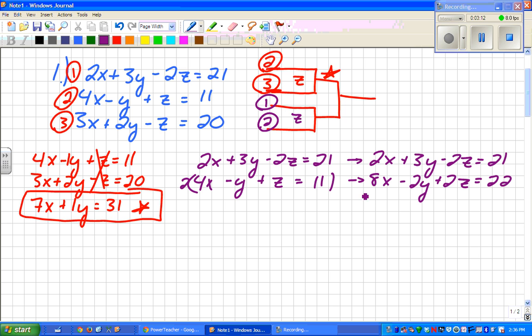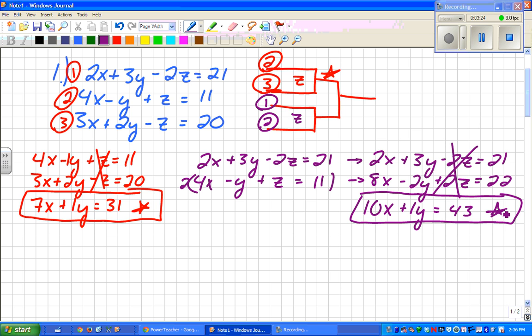So now the z's will cancel out. X's, I've got 10x plus 1y equals 43. Put a box around that one, put a star by it. Okay, so now up in my bracket, 1 and 2 went against each other, we canceled out z, and we got another star. Now according to my bracket, I'm going to have to battle the stars.